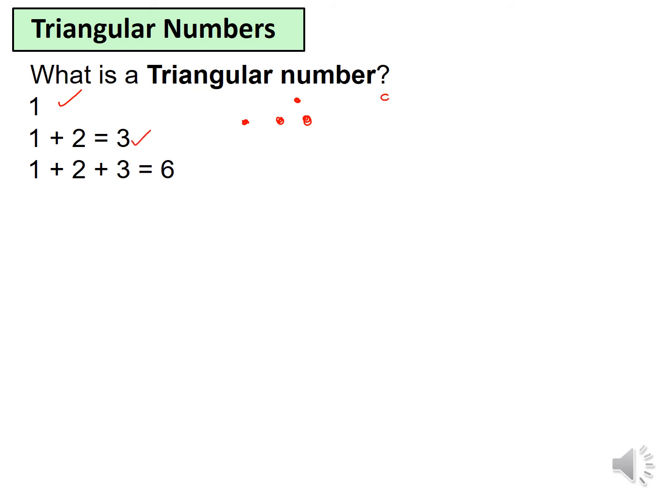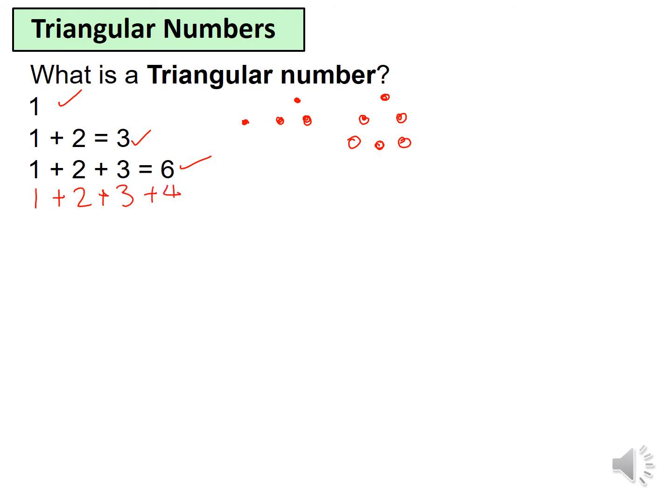Again, you start off by doing 1, and then it will be 2, okay, 3, there you go, 6 dots. That's the 6th one. So to get the next number in this sequence, what we need to do is continue this pattern.